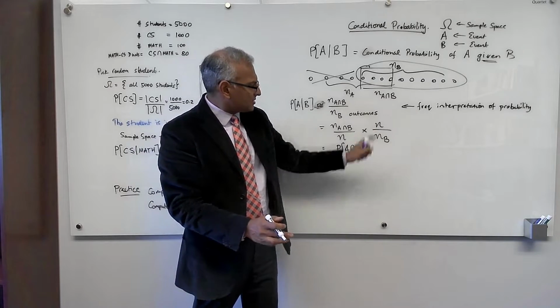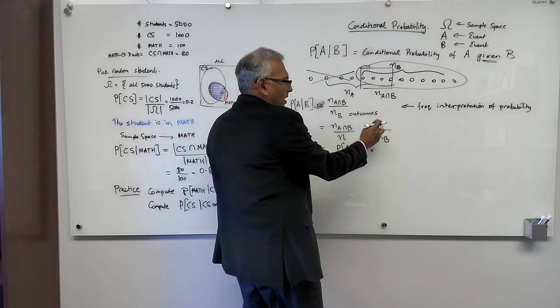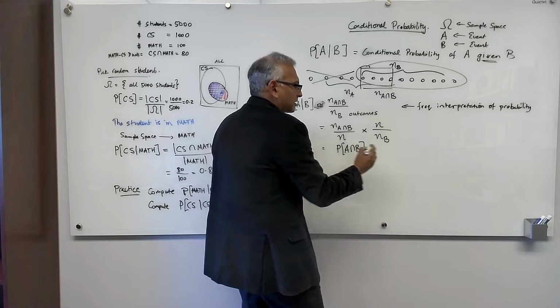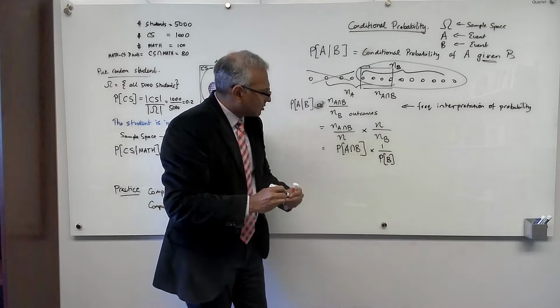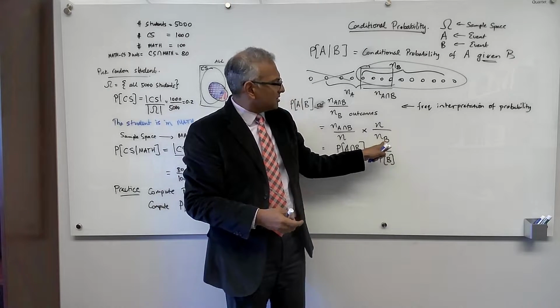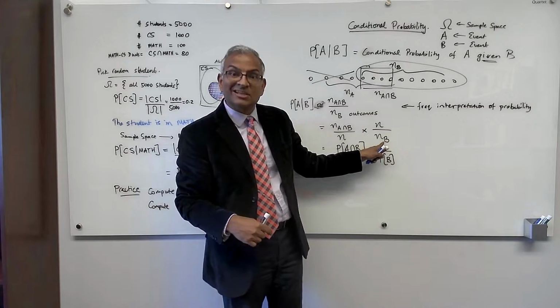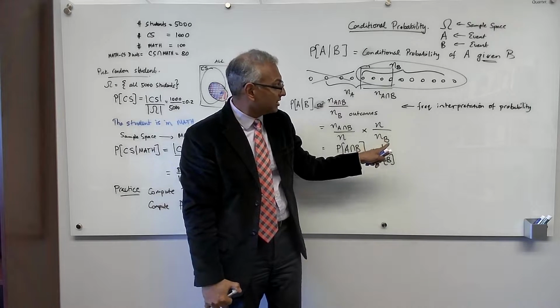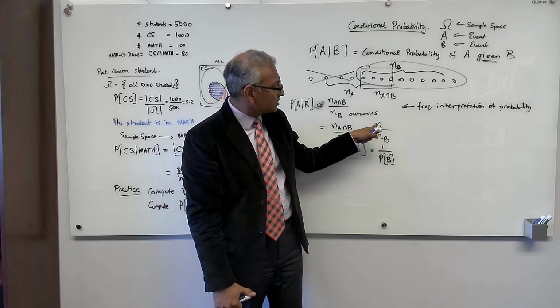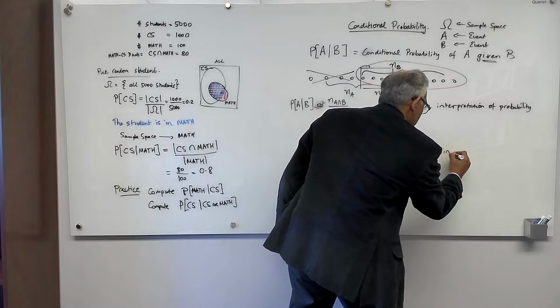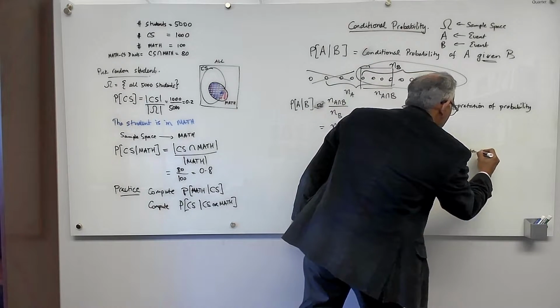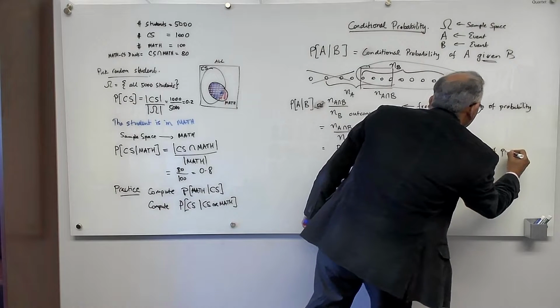And this is exactly 1 over the probability that B occurs. Why? Because the probability that B occurs is approximately the number of times that B occurs divided by n. So this, again, is the frequency interpretation of probability.